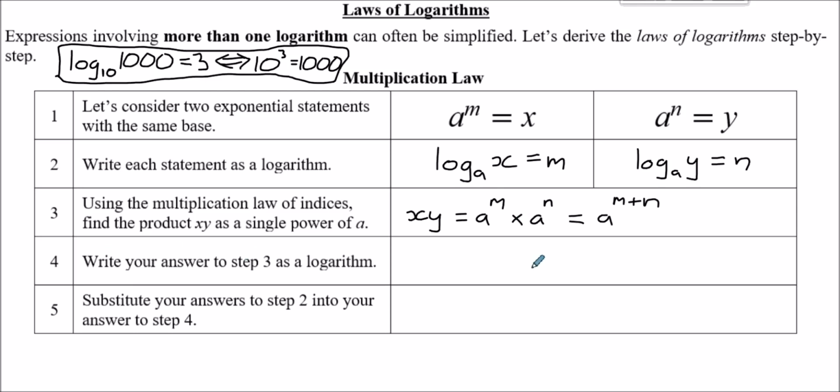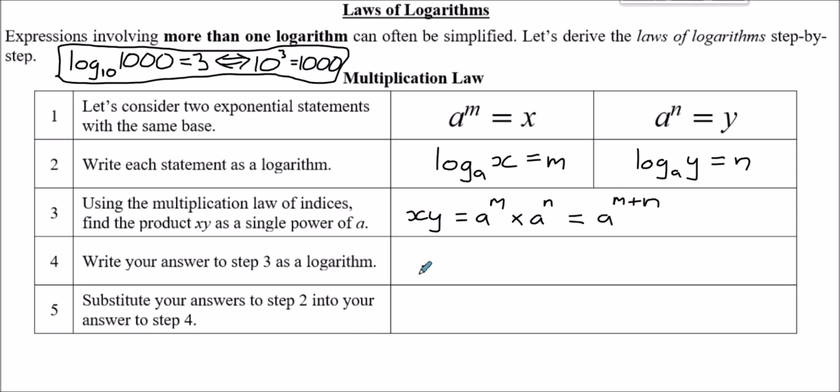Step 4, we can write this as a logarithm. So from before, if a to the power m was x and a to the power n was y, we can think of this in terms of log of xy. So if we just think about this here, we've got xy is a to the power m plus n.